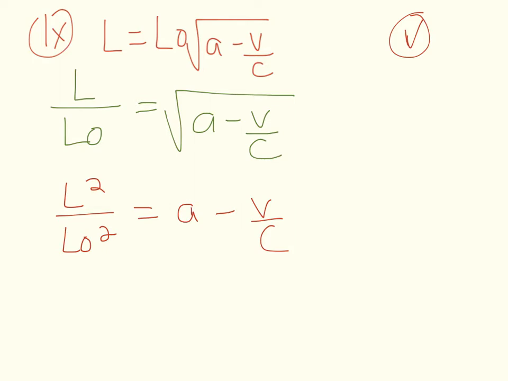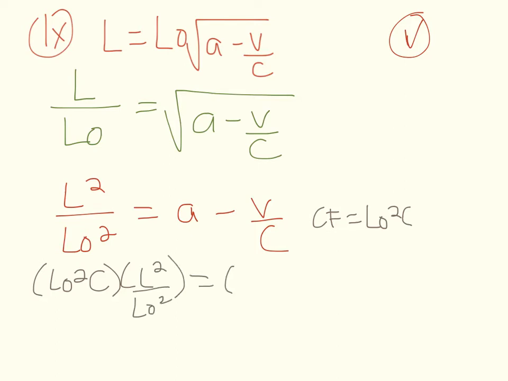So that a minus v over c, we could create that to be a fraction as well. I'm going to use the DAF approach, and my common factor is going to be L naught squared c. I'm going to multiply every single term by L naught squared c, so that I can get rid of my pesky denominators.